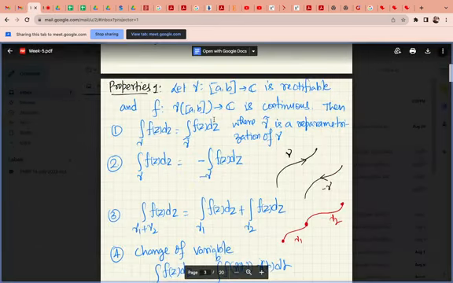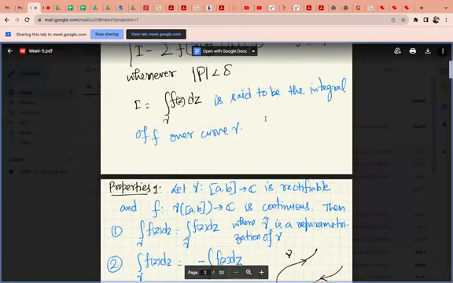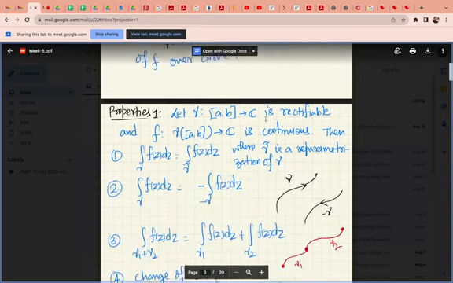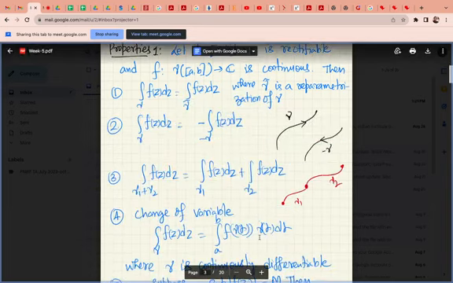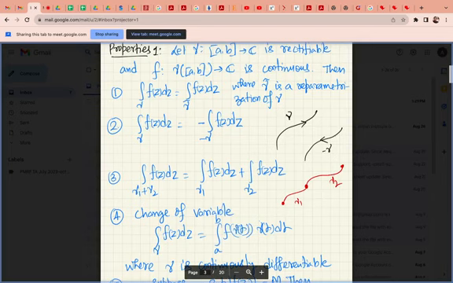For a continuously differentiable function, you can calculate it with this formula. Suppose you have a reparameterization of gamma, say gamma bar; then the integral over gamma bar of f z dz will be the integral of f of gamma bar t times gamma bar dot t dt. Once you change this, you have to change the parameter t to u, where gamma bar t is the composition of gamma with some h.